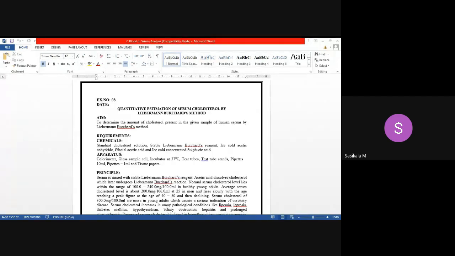What are the different deproteinating agents available for removing proteins from blood? And what kinds of blood samples will we be analyzing? Can anyone answer?